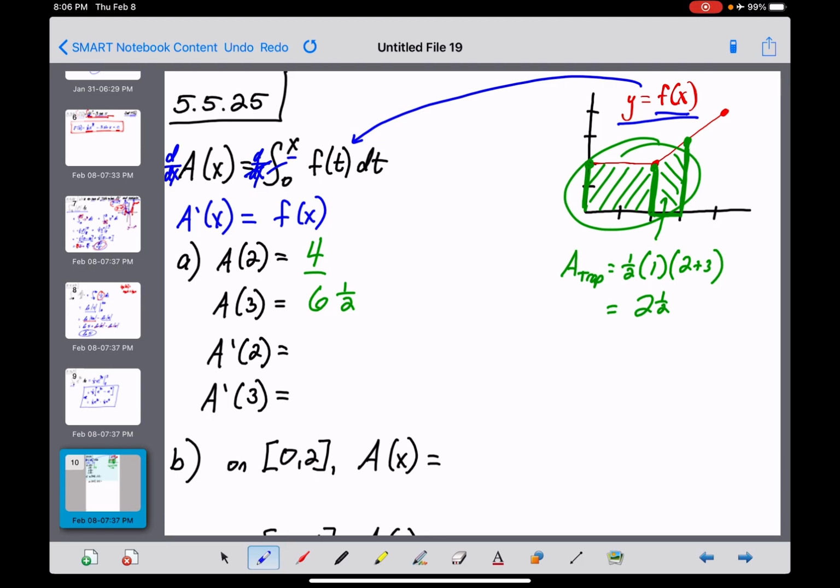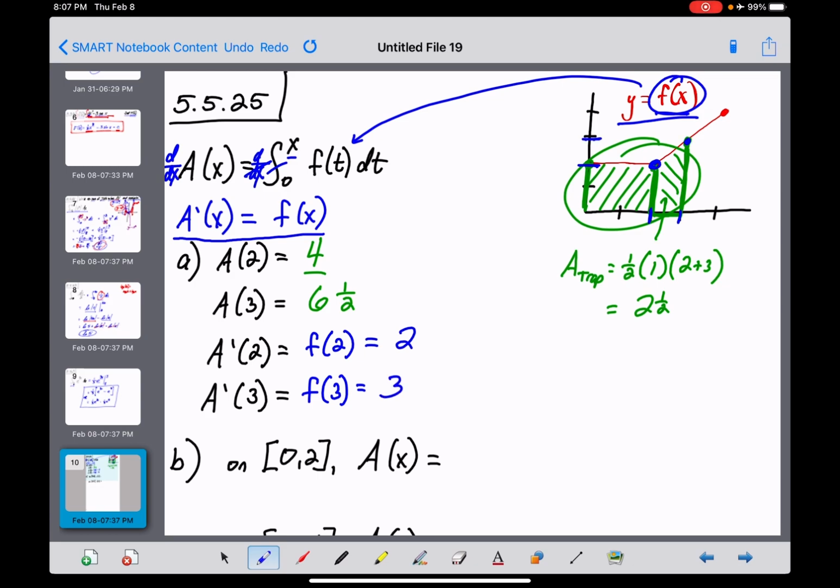So this statement right here, A prime of x equals f of x, tells me that A prime of 2 is just going to equal f of 2, and this is the graph of f. So at 2, the value of this function right here is 2. And A prime of 3 would be f of 3. And at 3, the value of this function here is 3 also.